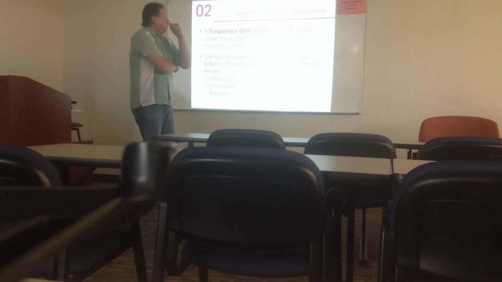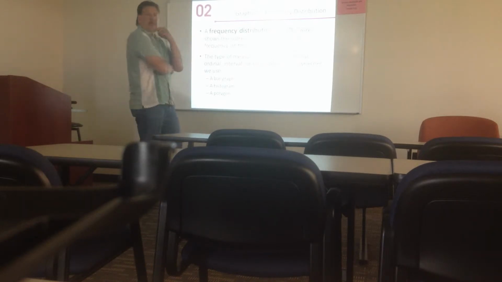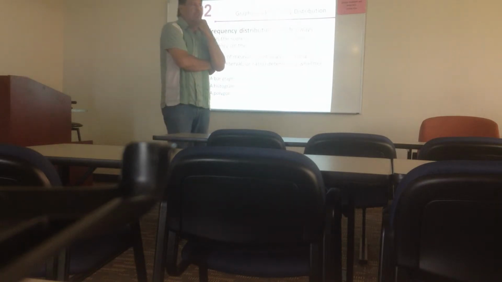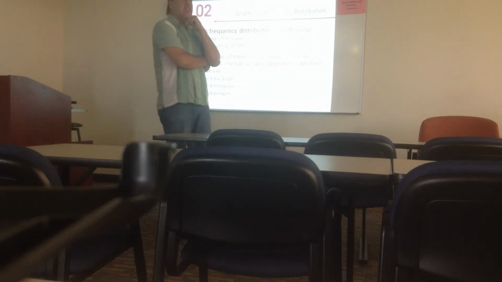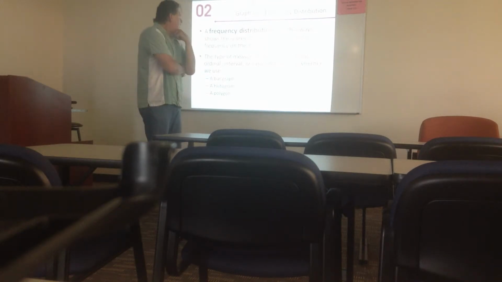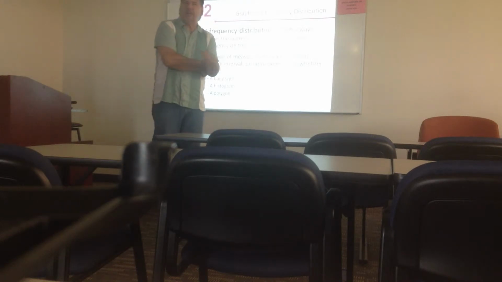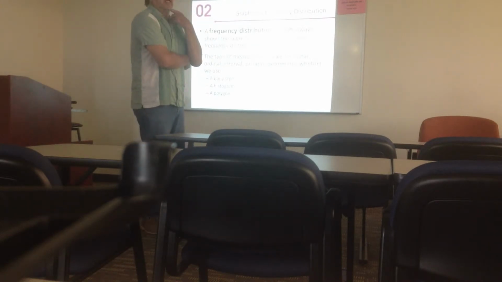A frequency distribution graph always shows the scores on the x-axis and their frequency on the y-axis. We talked about the x and the y-axis in the first video. Here we're going to see that again. Well, the type of measurement scale that we're going to use, nominal, ordinal, interval, or ratio, determines whether we use a bar graph, a histogram, or a polygon.